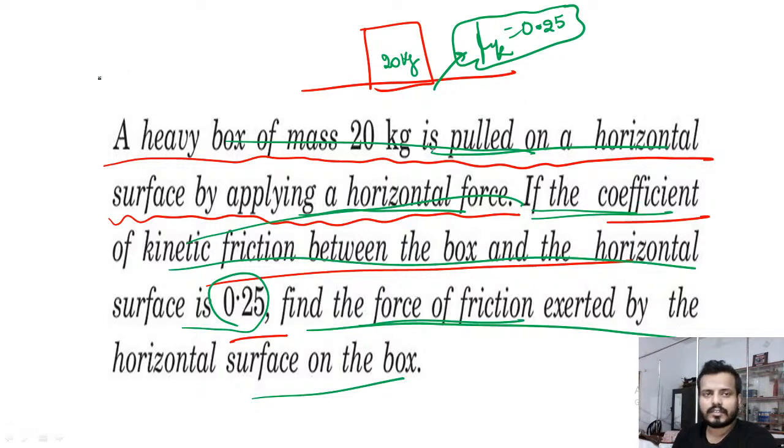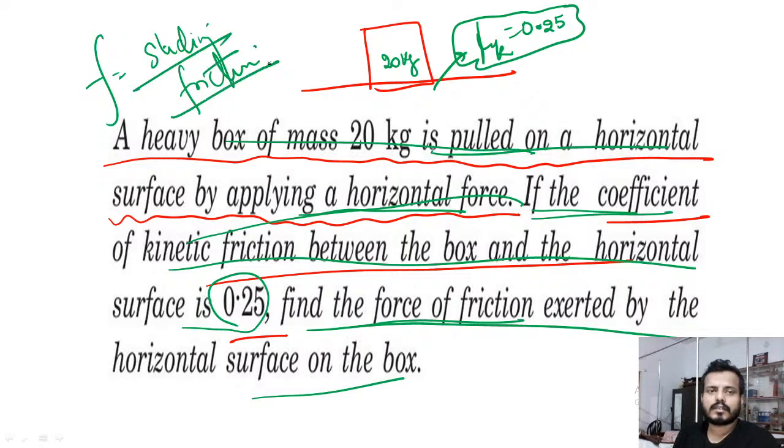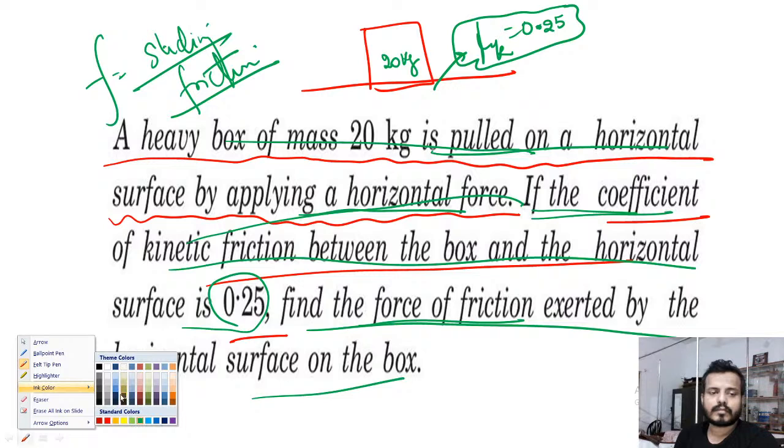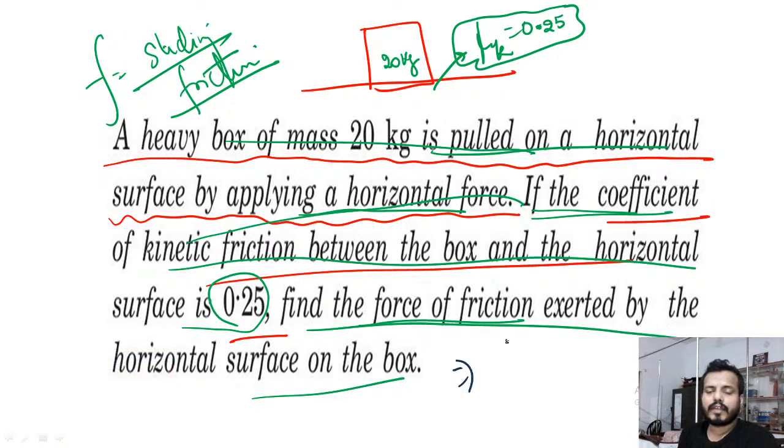This is the kinetic sliding friction. Sliding friction value is mu k into mg.